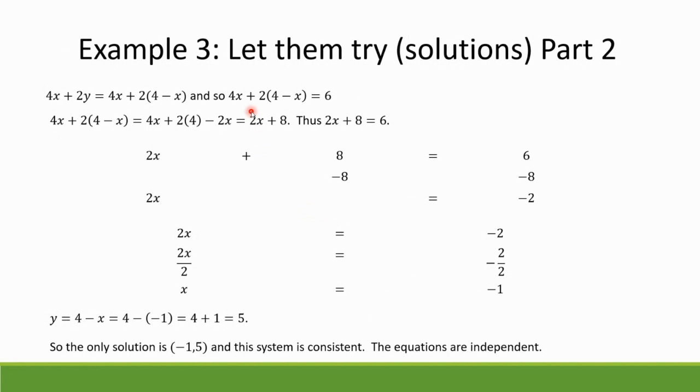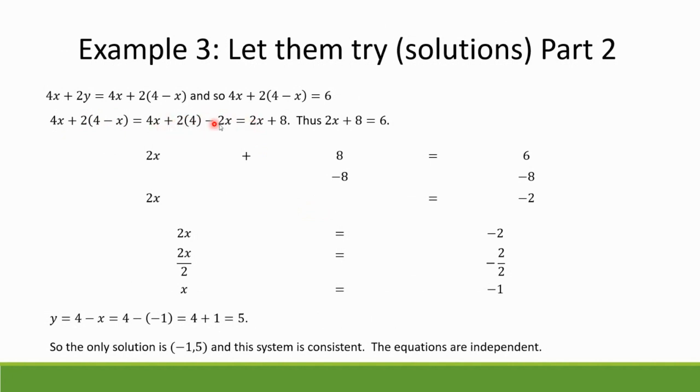Now, distribute the 2. We get 4x plus 2 times 4 minus 2 times x, which is just 2x. So we get 4x plus 8 minus 2x.